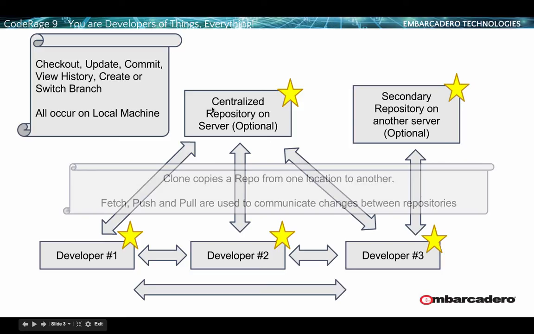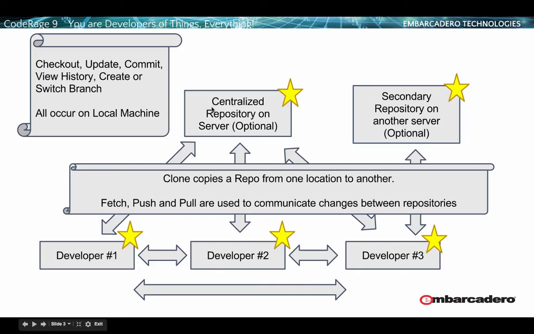The clone here copies one repository from one location to another. This allows us to say, hey, I have that centralized repository that we're all sharing, and I can clone that down to my machine. Then I use commands like fetch, push, and pull, and they are used to communicate changes between repositories.